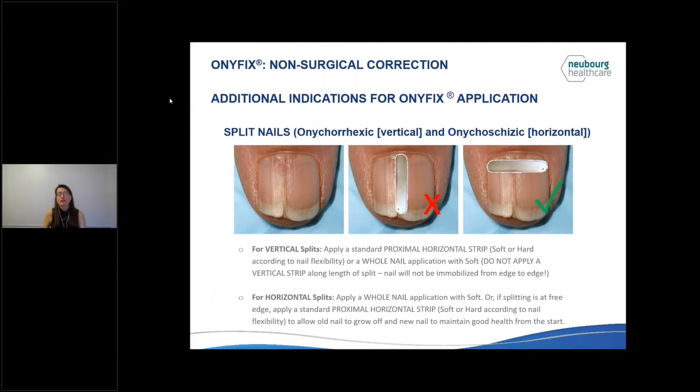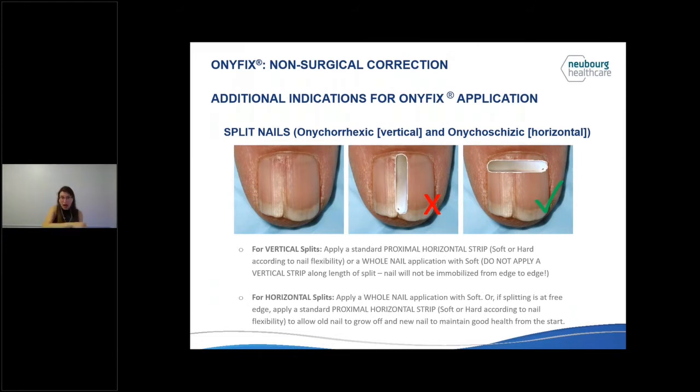So for vertical nails, there's a bit of a misconception, guys, about how to apply Onyfix correctly for vertical splits. You kind of tend to think intuitively, okay, I'm going to apply this Onyfix along the length of the crack, the split, but that's actually incorrect because you're not preventing the medial and lateral edges of that nail, both sides of it, from being properly immobilized.